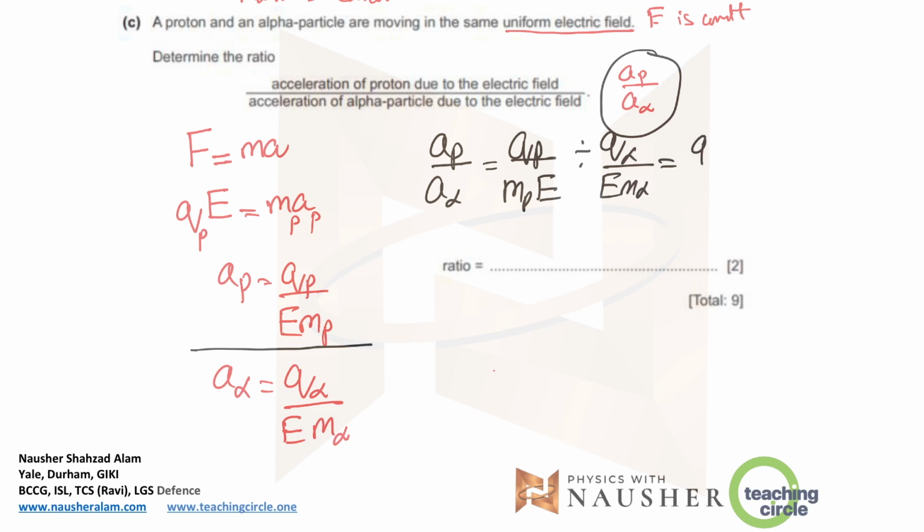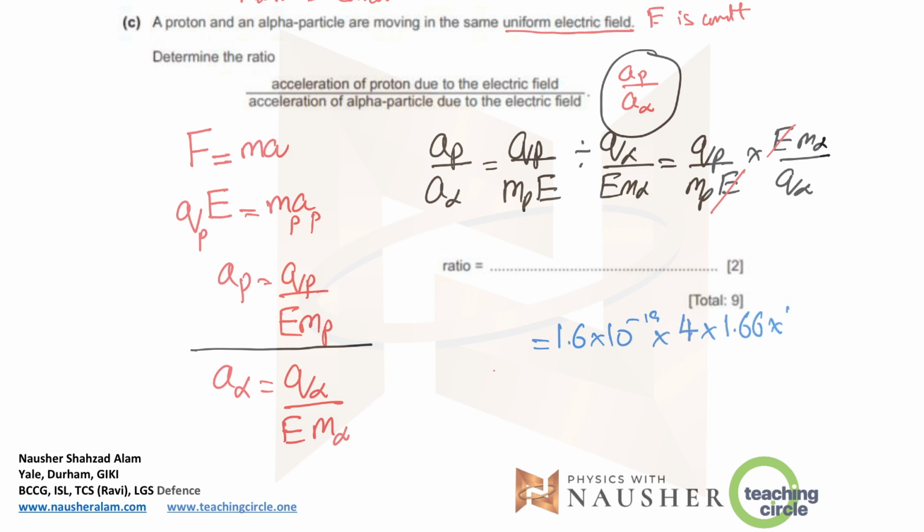So QP over MP into E into M alpha over Q alpha. Now you know that the electric field strength is the same, so it cancels out. So basically you have to put the charge of the proton, which is 1.6 into 10 raised to the power negative 19, times the mass of the alpha particle, which is 4 times 1.66 into 10 raised to the power minus 27.